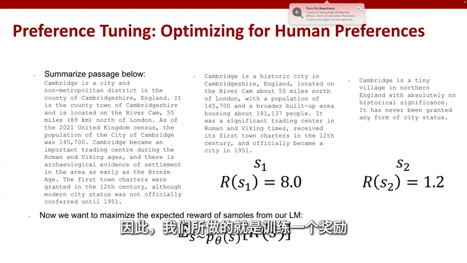So we train a reward model that gives a reward to each summarization the model outputs. And we design the loss so that the model is more likely to output the answer with a higher reward and less likely to output the answer with a lower reward.